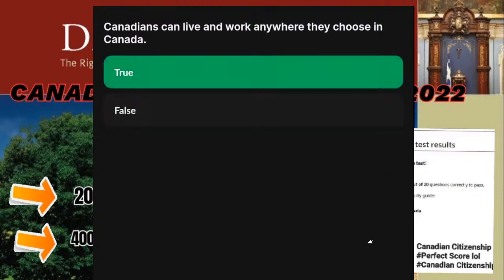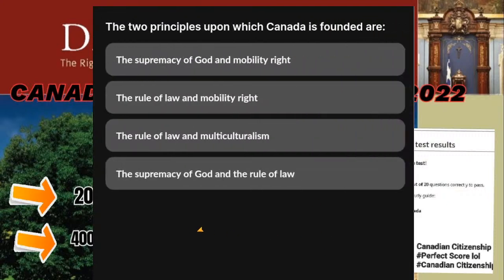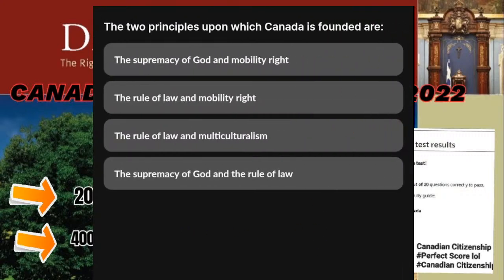Next question. The two principles upon which Canada is founded are A, the supremacy of God and mobility rights. B, the rule of law and mobility rights. C, the rule of law and multiculturalism. Or D, the supremacy of God and the rule of law.